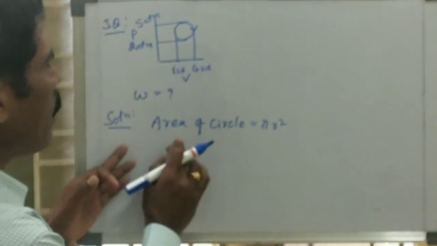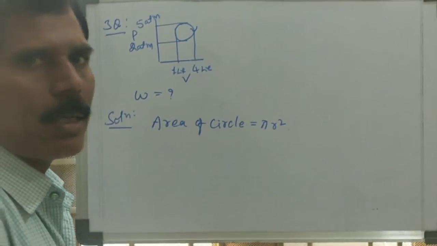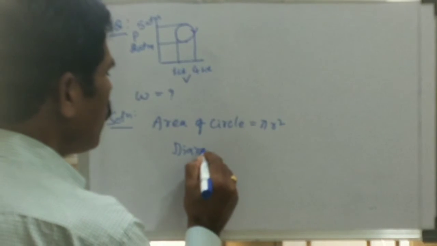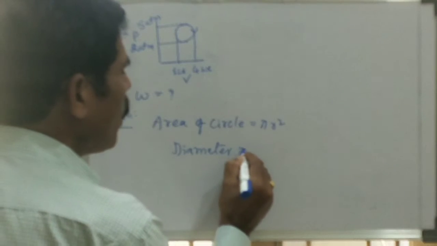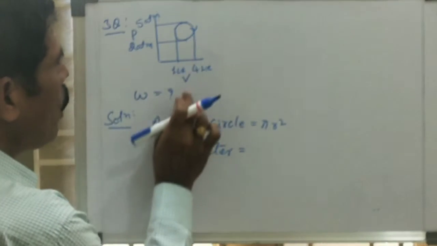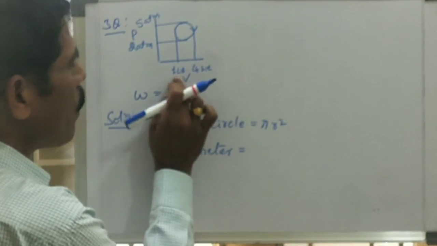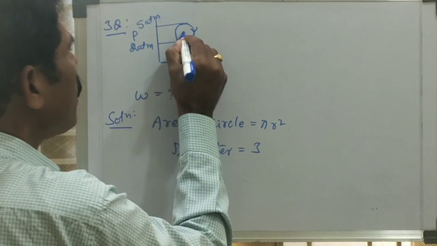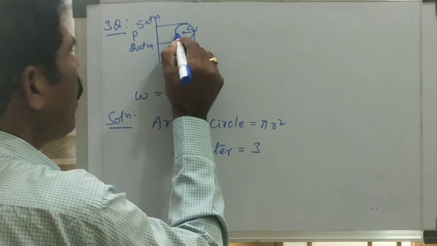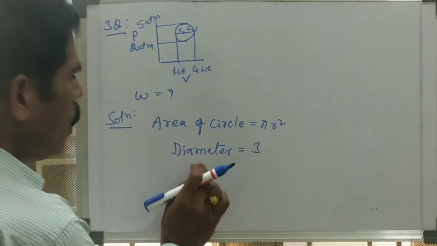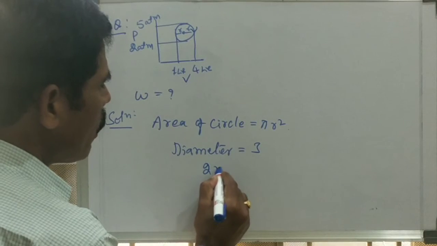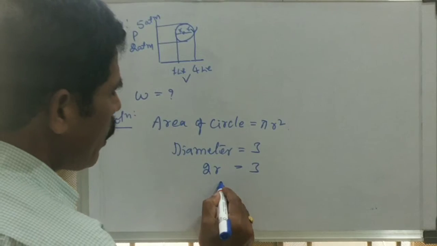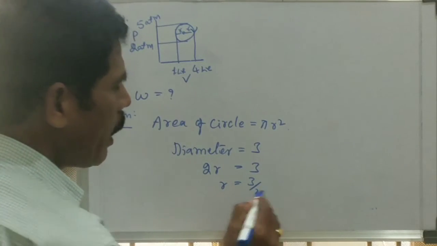The diameter is 4 minus 1, that is 3. Here this is the midpoint, here r, here also r. So diameter is equal to 2r is equal to 3. Therefore r is equal to 3 by 2.